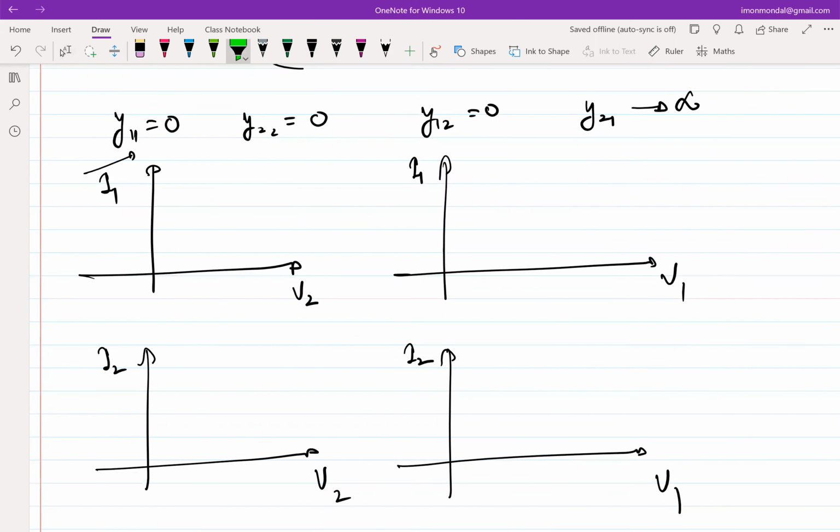So when I am saying Y11 to be equal to 0, what I am saying is that del I1 by del V1 is equal to 0, which means the IV characteristic is a straight line, right? So our IV characteristic is a straight line.